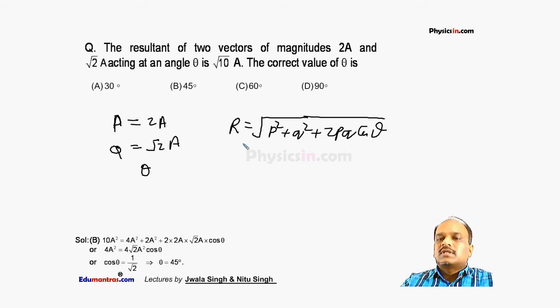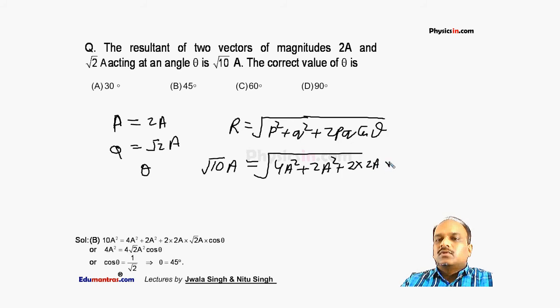So root 10a is equal to root over 4a square plus 2a square plus 2 into 2a into root 2a into cos theta.